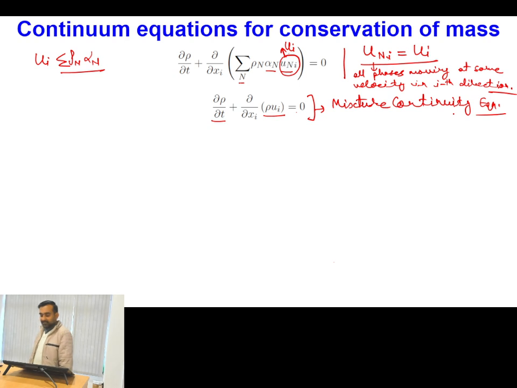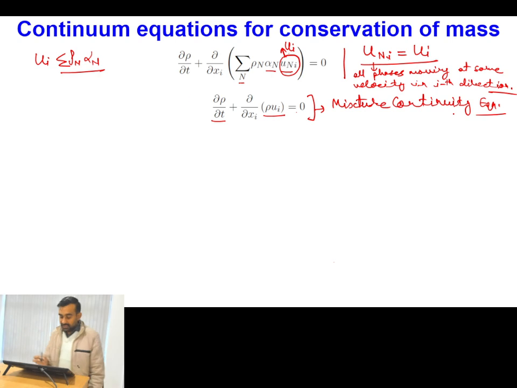That is the reason whatever is present within the control volume, we directly apply the mixture properties to estimate the average properties, and whenever we write the continuity equation, we treat that complete mixture as a single phase with properties identical to the mixture properties. Is this point clear? That is the reason I am calling it the mixture continuity equation.